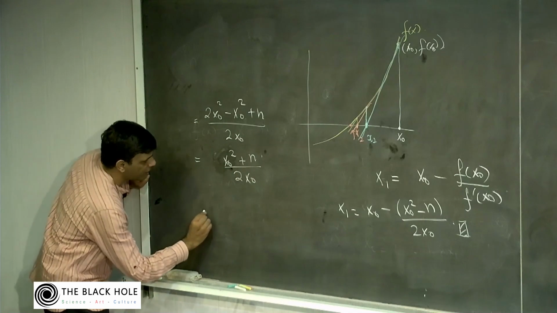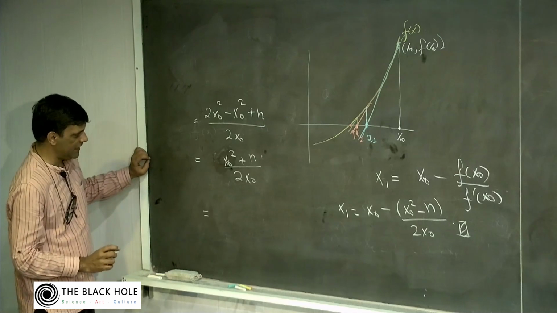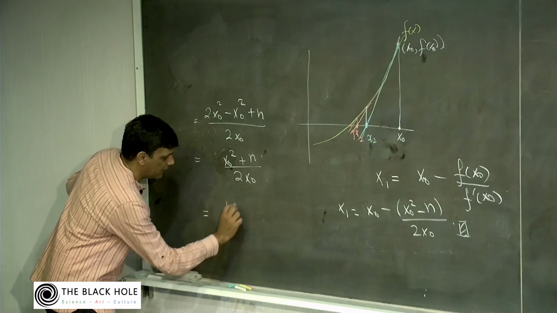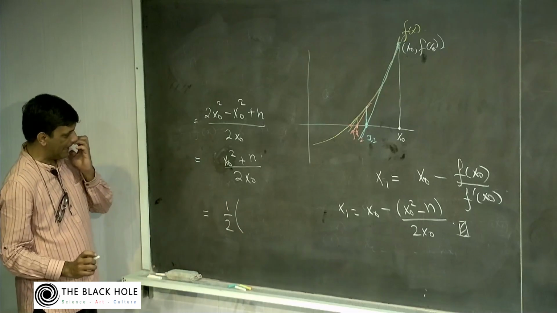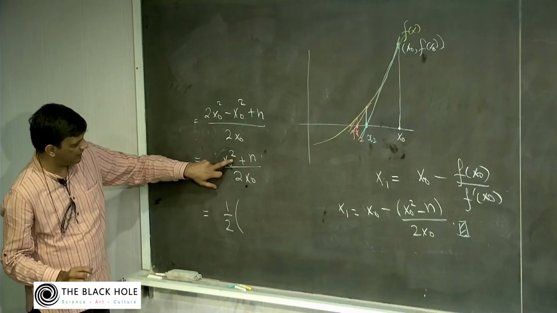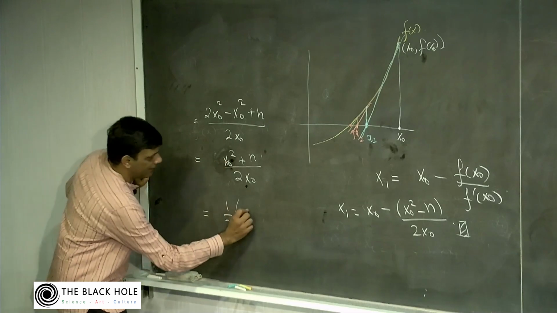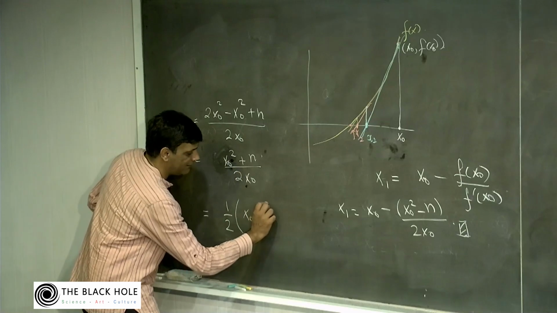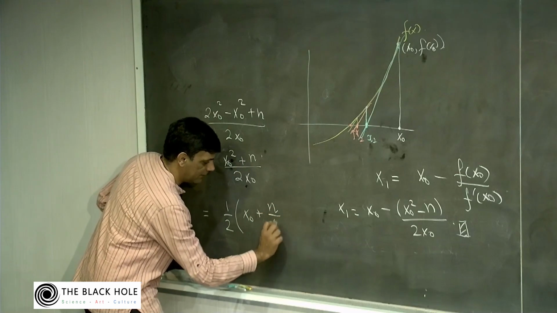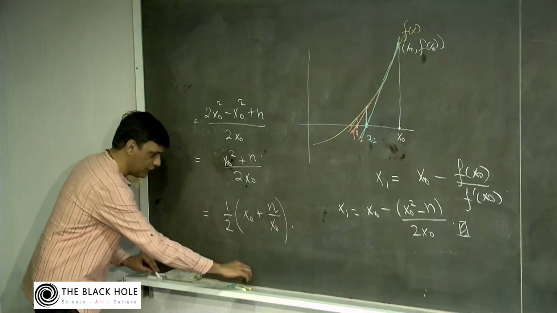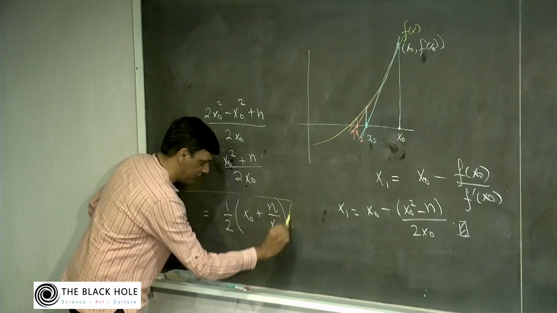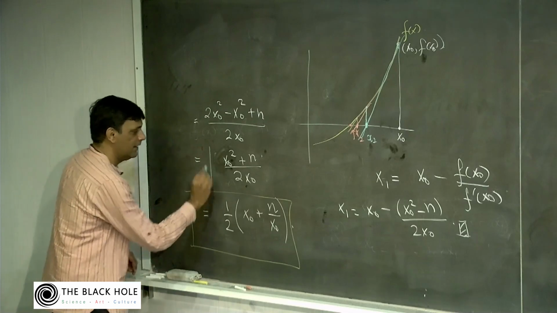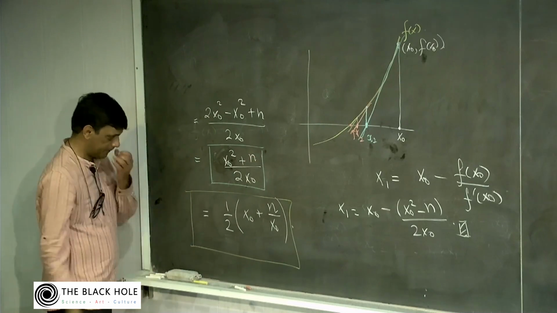And I'm going to write this slightly differently. I'm going to take out the half here. And what would I get for this? Is x naught, right? And what would I get for this? Is n over x naught. Okay, and I'm going to talk about these 2 equations. This one, and I'm going to talk about this equation.